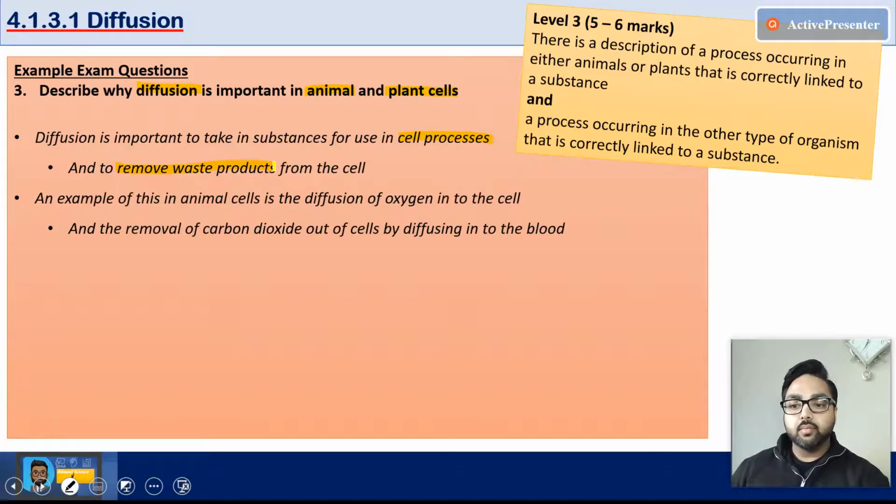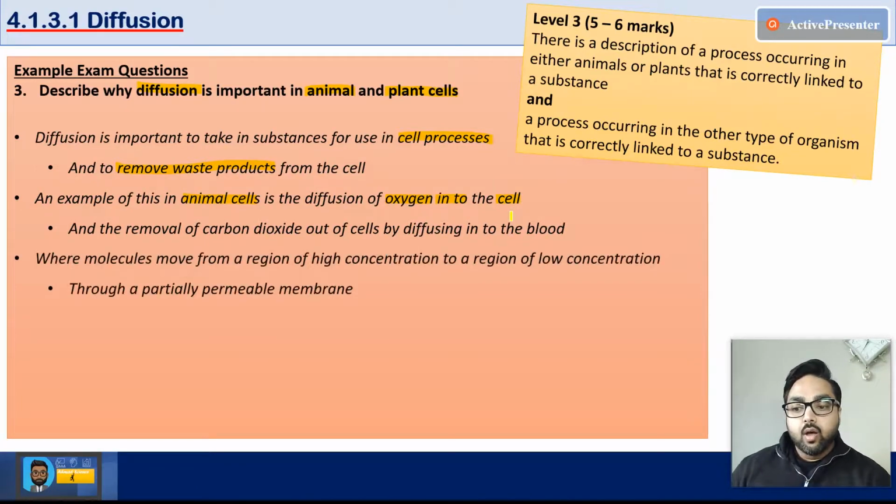So we're going to give an example in an animal cell first. An example from an animal cell is diffusion of oxygen into the cell and the removal of carbon dioxide out of the cell by diffusing into the blood. Where molecules move from a region of high concentration to a region of low concentration.